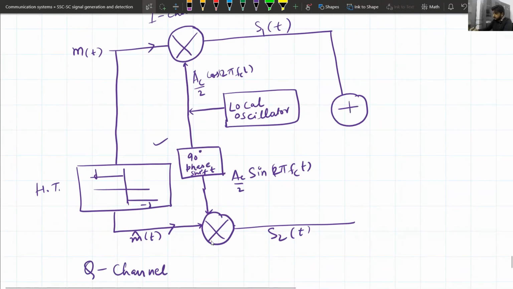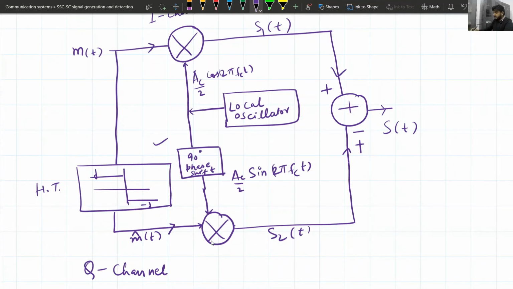This will be plus, and minus sign will be for the upper sideband suppressed carrier, and positive sign will be for the lower sideband suppressed carrier. This is how we generate SSB-SC.